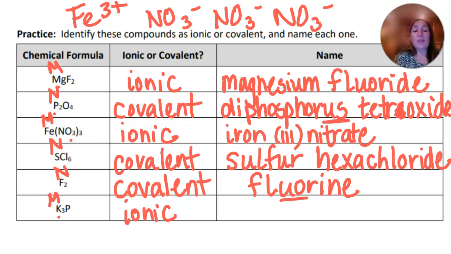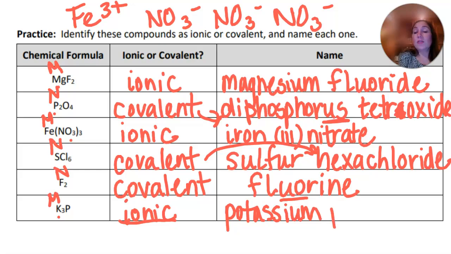And then K3P. Now, it might be tempting to say tripotassium here or something. But remember, when they're ionic, we never did any prefixes. Prefixes, like hexa and di, are just for covalent. We don't use prefixes for ionic, so we just say potassium, and then phosphorus is phosphide.